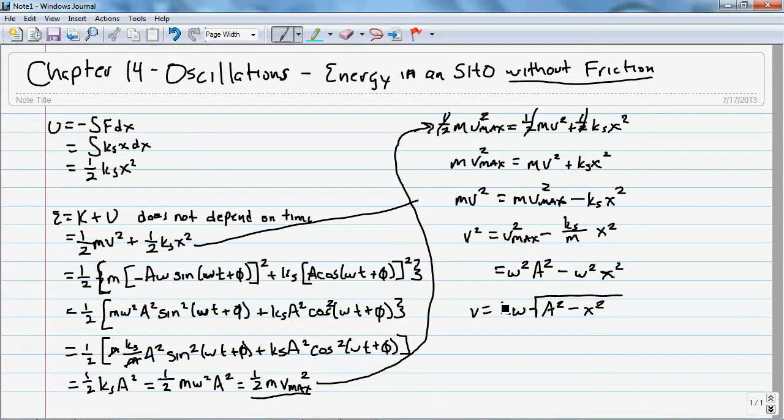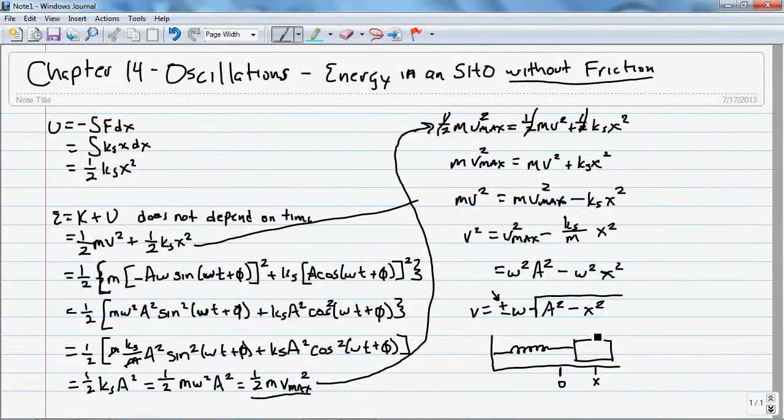It's also interesting that you have the plus and minus, and that just means that we don't know which direction it's going. So let's say we have our mass here connected to a spring. Here's our equilibrium, and here's some value x.